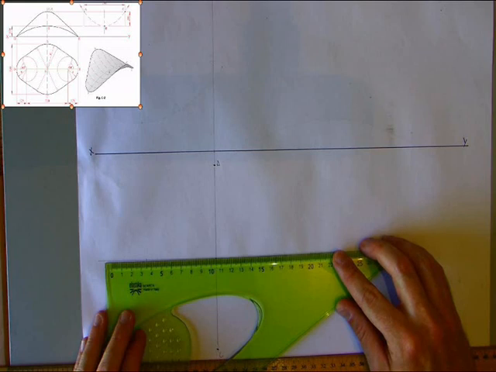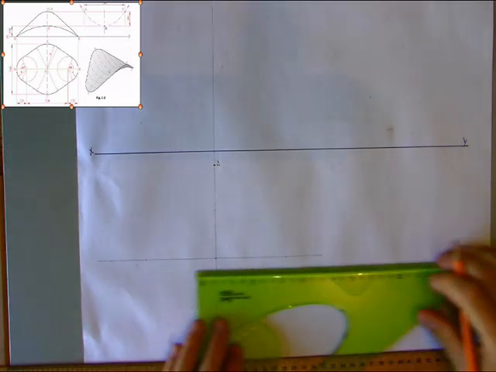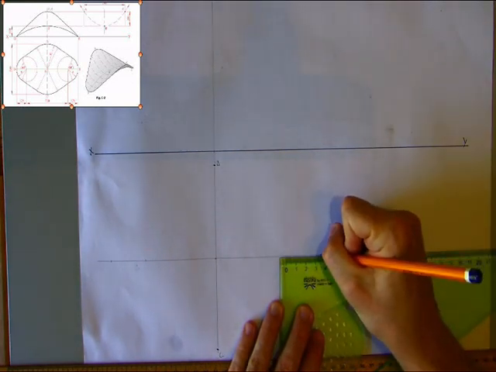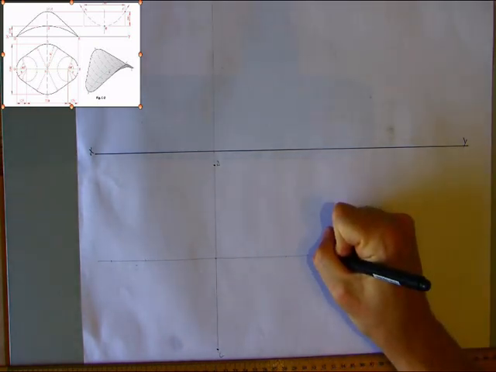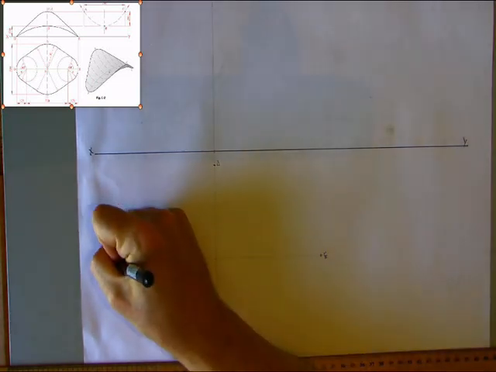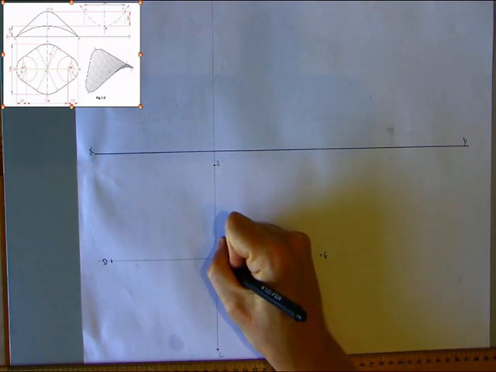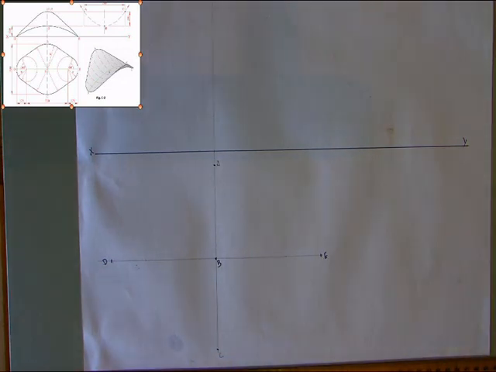So I'll go an extra 35 on this side, and an extra 35 on this side. Okay, and then again, this is our point E, and this is our point D. In here in the middle, we have B. Okay, labeling is going to help an awful lot with this question as well, so make sure to include it wherever possible.